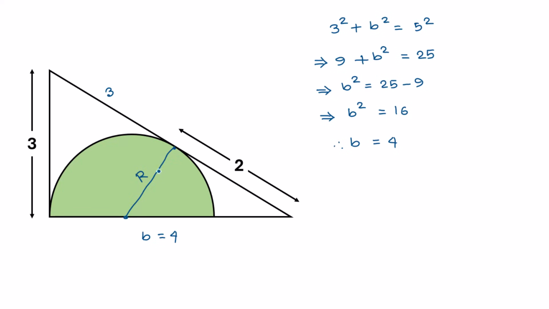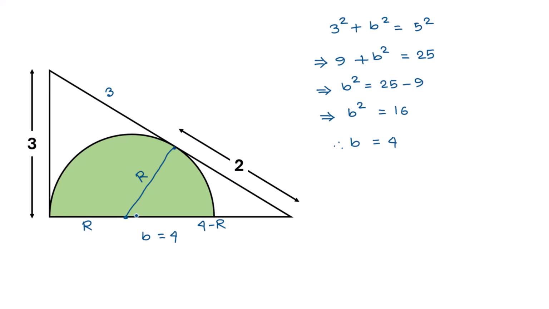This is the radius of this circle, and as the radius is r, this length will also be r. So the remaining length of this base, total base is 4 units and this is r, so this will be 4 minus r units.